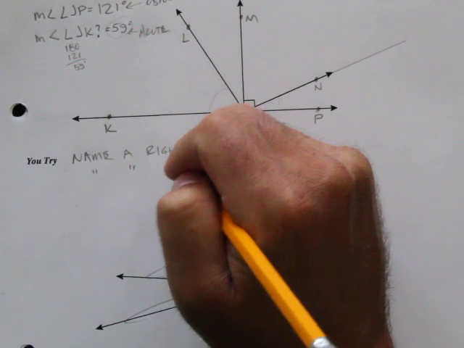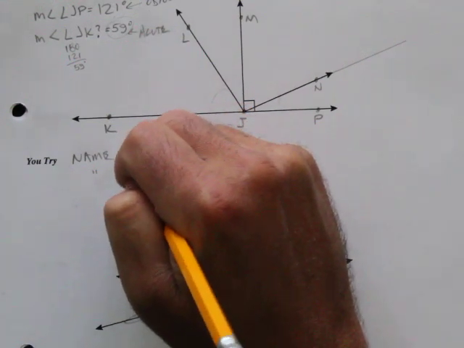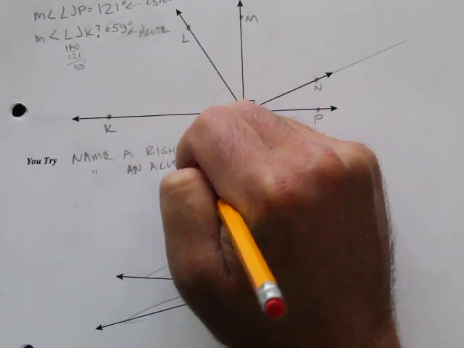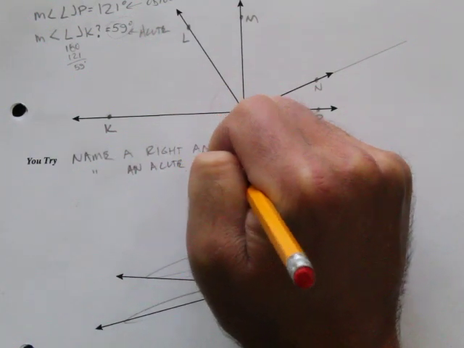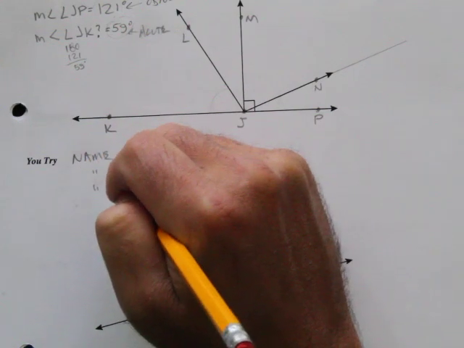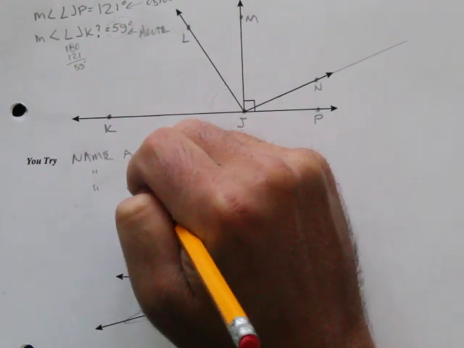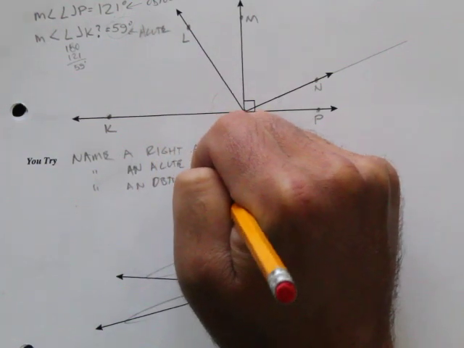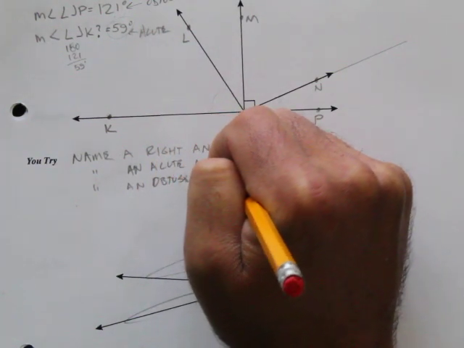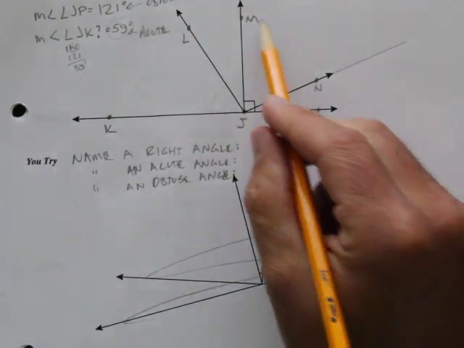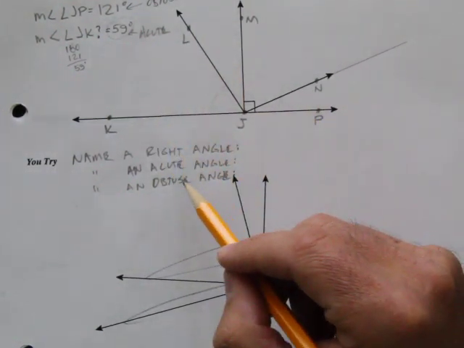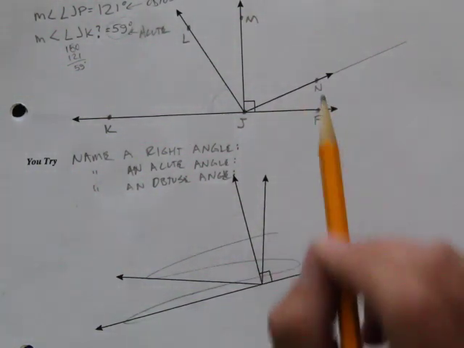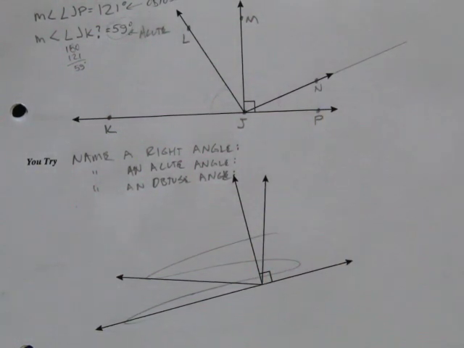Name an acute angle. And name an obtuse angle. Okay, so look at this. Name a right angle, an acute angle, an obtuse angle. Go ahead and get to work. Pause right now, and we'll be right back.